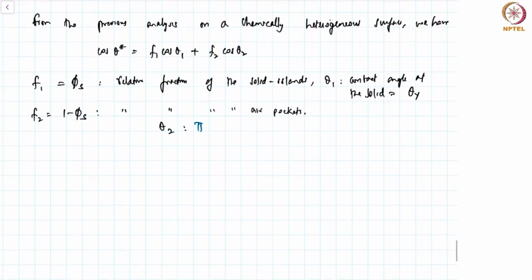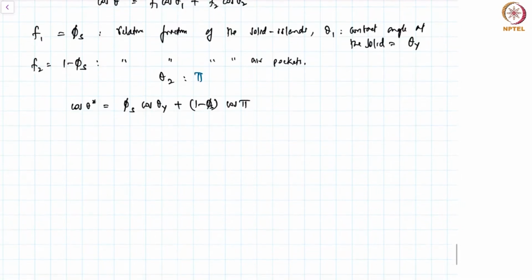If I just use these expressions, then I simply get cosine theta star equals f1, that becomes phi s, cosine theta y, plus f2, that is 1 minus phi s, cosine pi. That is nothing but phi s cosine theta y minus (1 minus phi s).